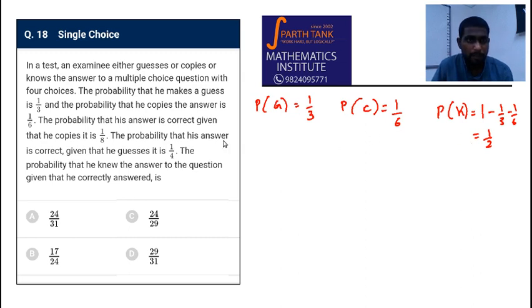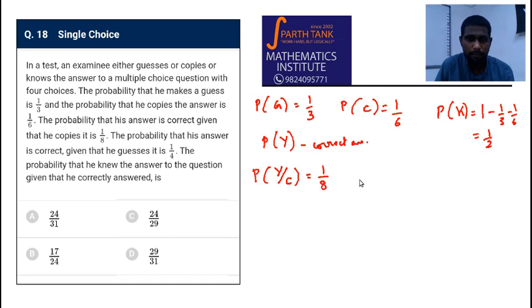Okay. The probability that his answer is correct, given that he copies it, is 1 by 8. Let us call P of Y the probability of a correct answer, Y for yes, let us say. They have given us the probability that it is correct given that he copies, right? So Y given C is 1 by 8.